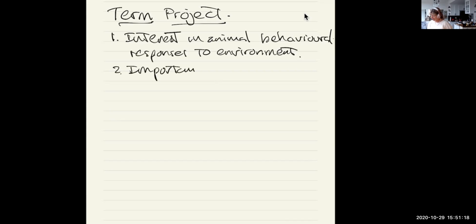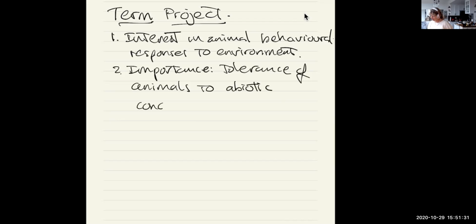So the importance of this may be the tolerance of animals to abiotic conditions, which may be changing.